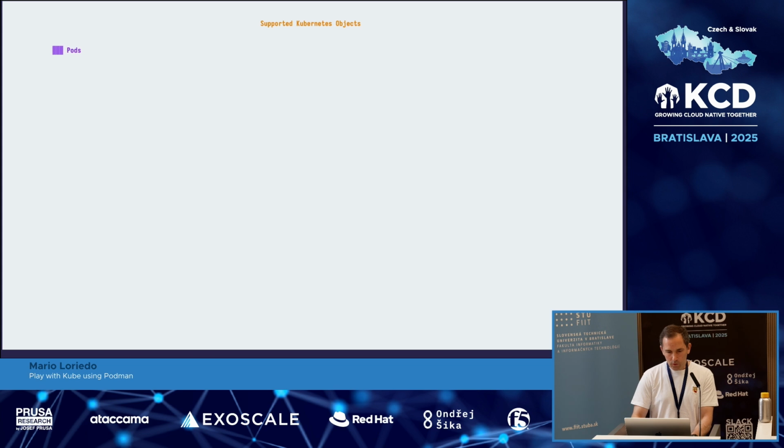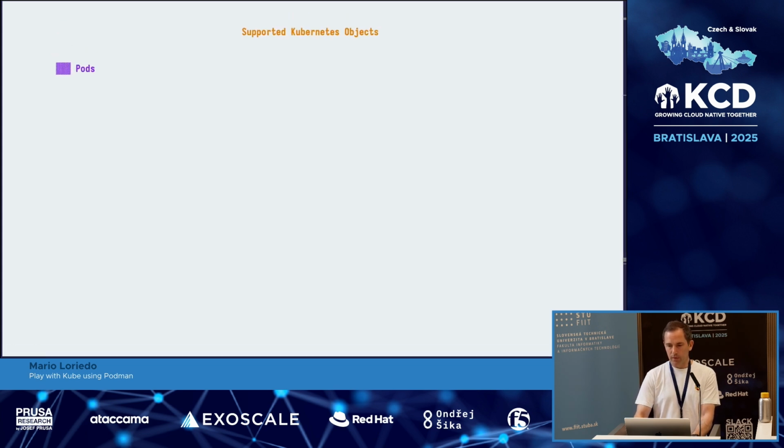Okay, so one question that you may have is, we have seen pods, but what other Kubernetes objects does Podman support? It supports deployment, for example. So you can provide a deployment YAML to the Podman kube play command, and it will use it to run containers locally. The thing that is not supported, at least yet, is replicas.